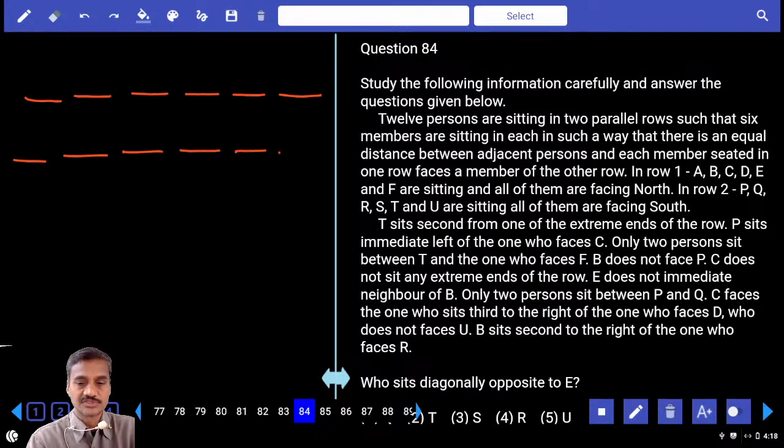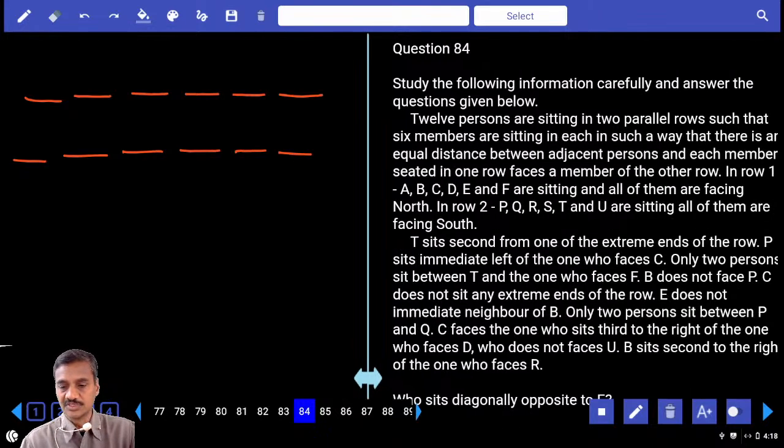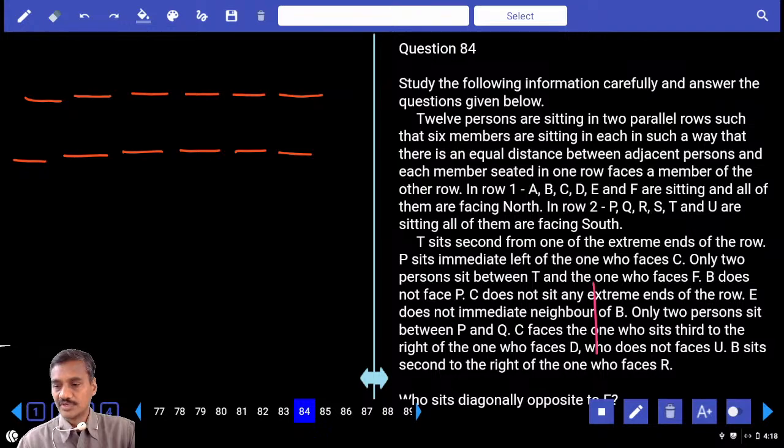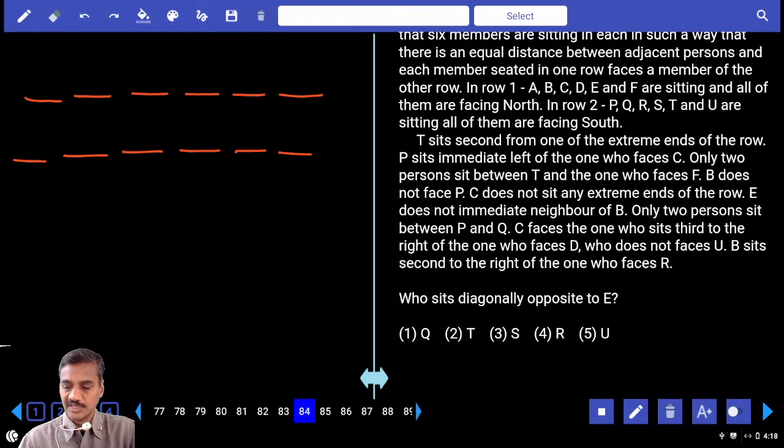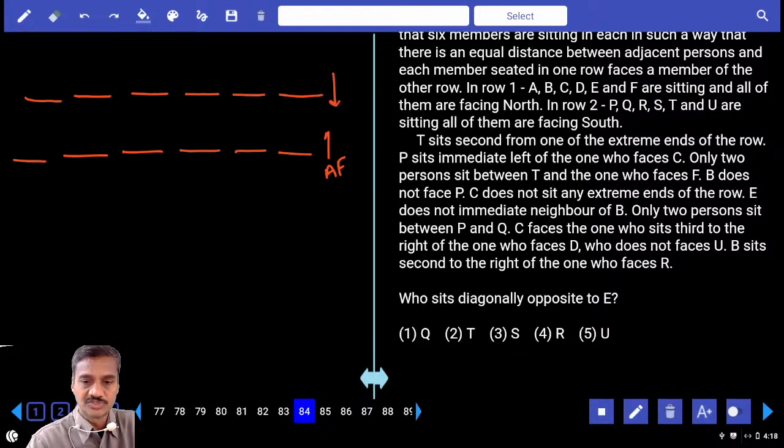In row 1, A, B, C, D, E and F are facing towards north. In row 2, P, Q, R, S, T and U are facing towards south.